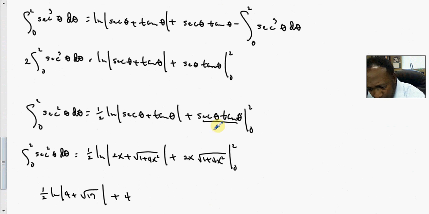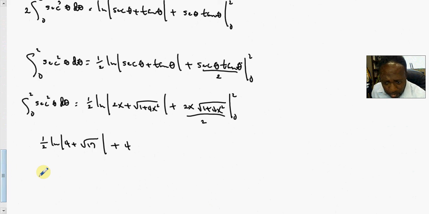So this is 1/2 over 2 as well. So this is 2x, where x is 2, that's 4x. What am I doing? This is 4 times the square root, x is 2. The square root of 17, and that's over 2, which is just 2 times that.